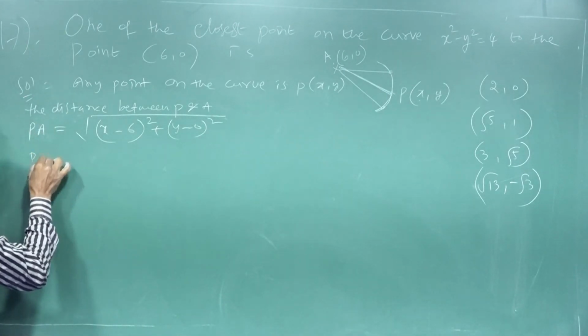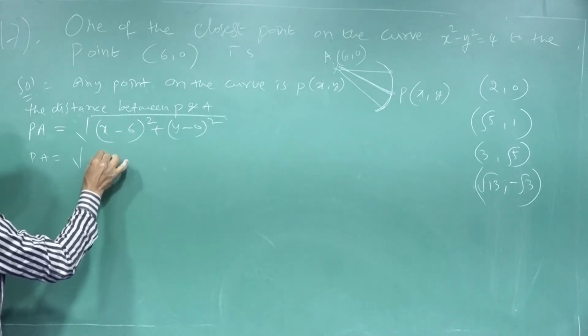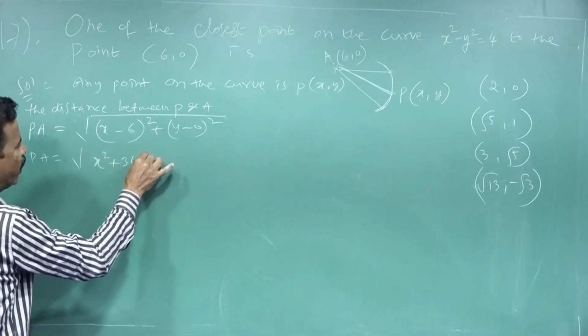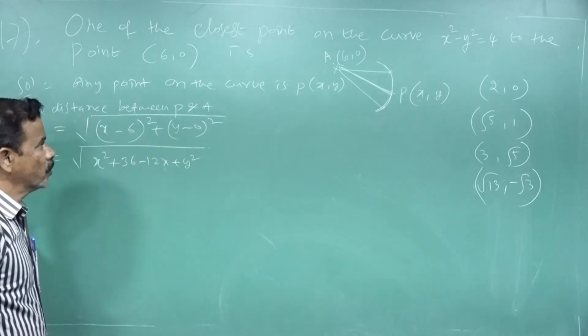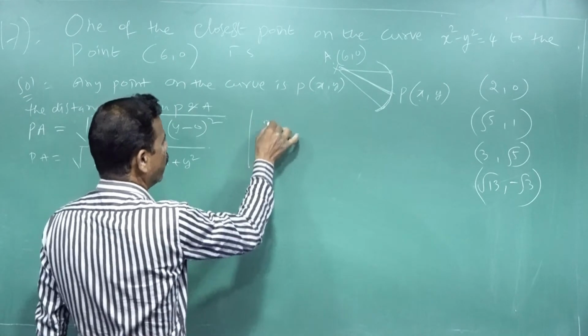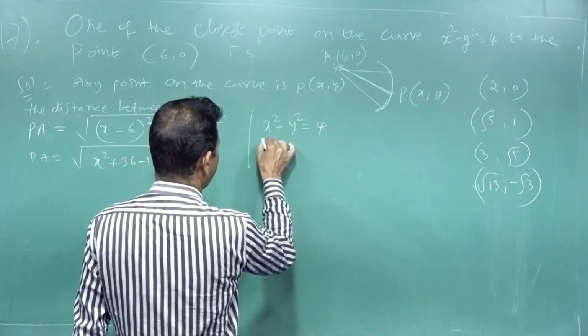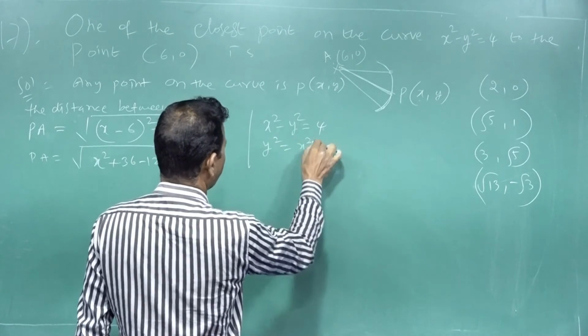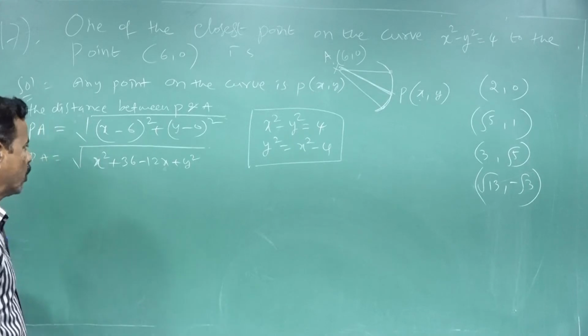So here PA is equal to (x minus 6) whole square, nothing but x square plus 36 minus 12x, plus y square. From the equation x square minus y square is equal to 4, given, y square is x square minus 4. We converted y in terms of x.